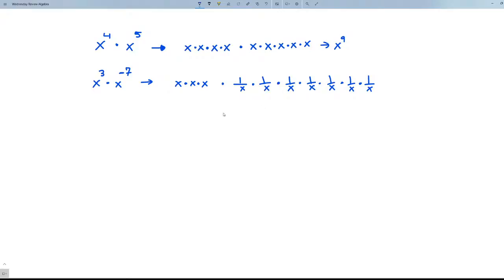Now, if I want to use the commutative property of multiplication and rearrange this to show you what's going to happen next, I'm going to move things around since we're just multiplying. I purposely wrote them like this for a second.